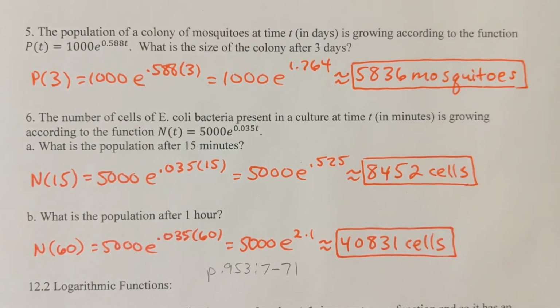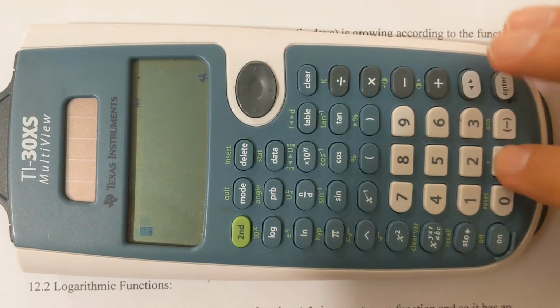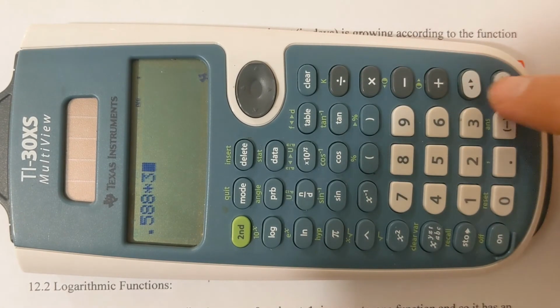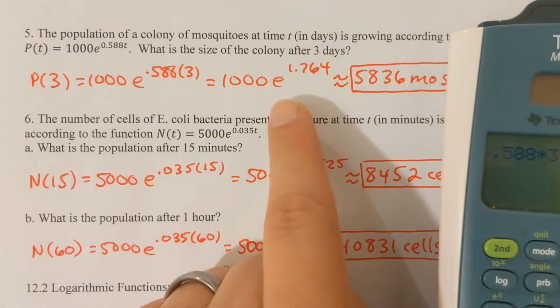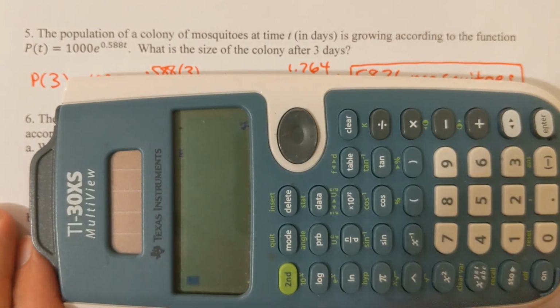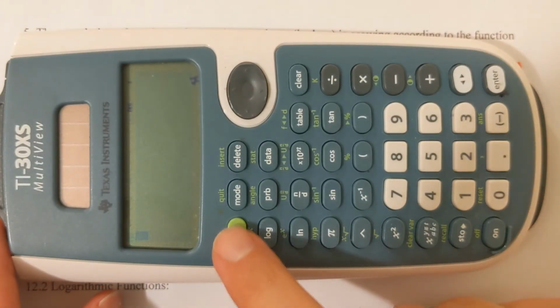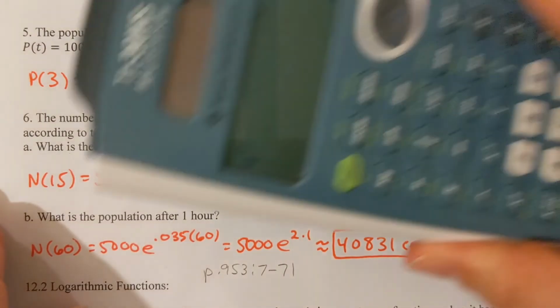So if we start with that, 0.588 times 3 is 1.764. Okay, and so then I'd want to hit second ln, e to the power, what was it, 1.764?